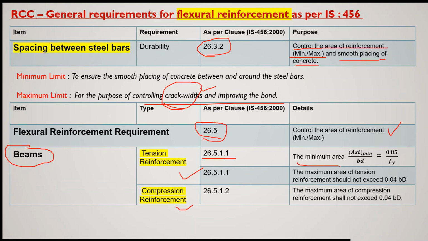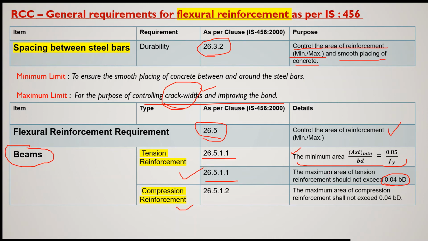So the minimum area of reinforcement you have to calculate according to this formula, which you have already studied in the design of slab, design of beam, singly reinforced, doubly reinforced, etc. This is the limit of minimum area of steel required. Another clause states that the maximum area of tension reinforcement should not exceed 0.04, that means 4% of the gross cross-sectional area of the beam.